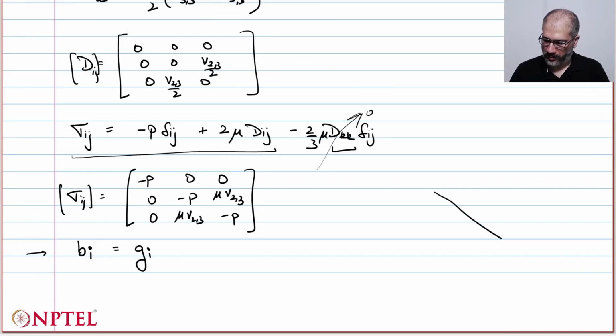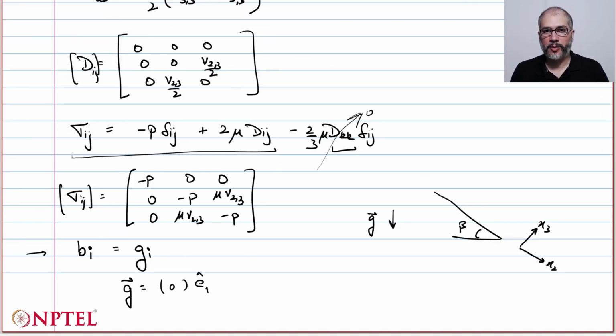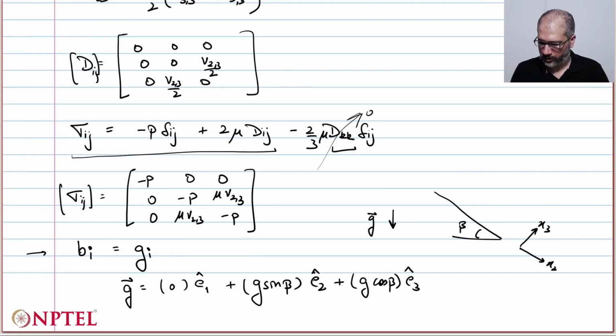Now since our incline is like this and gravity is acting along this direction, and our x2 and x3 directions are like this, I can find my gravity vector components as: the first component is a 0 because there's no g along x1 direction, and then along x2 we have a g sine beta times e2 hat, and then along x3 we have a g cos beta times e3 hat.